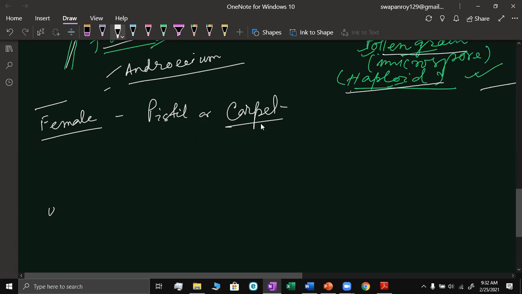This carpel together makes what? Carpels together are gynoecium, is it? Or we can say gynoecium is made of carpel, and this carpel or pistil has three portions.